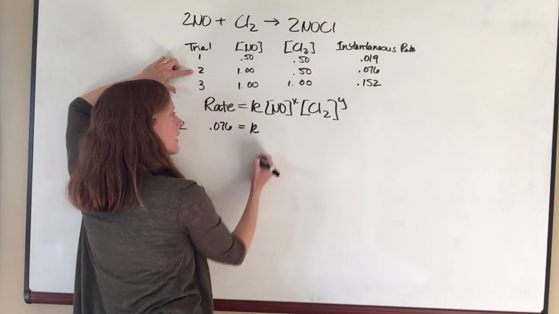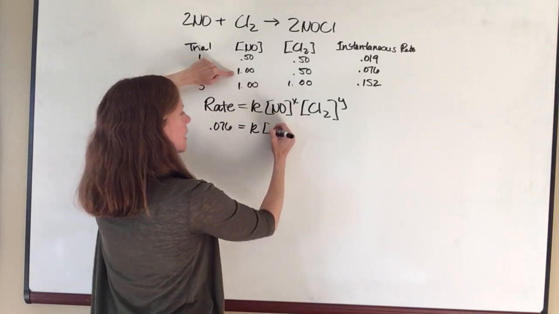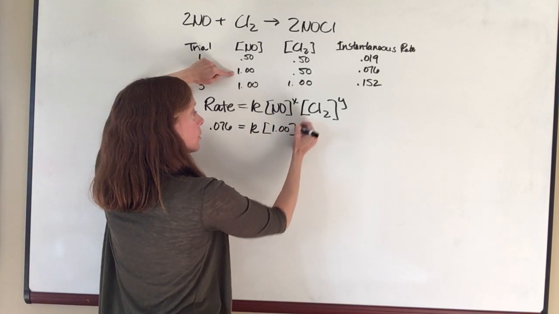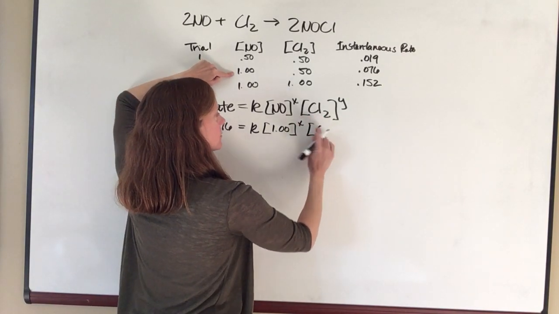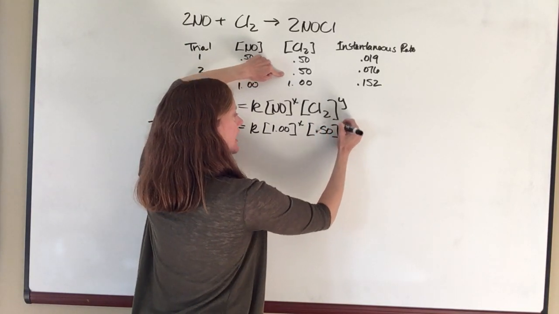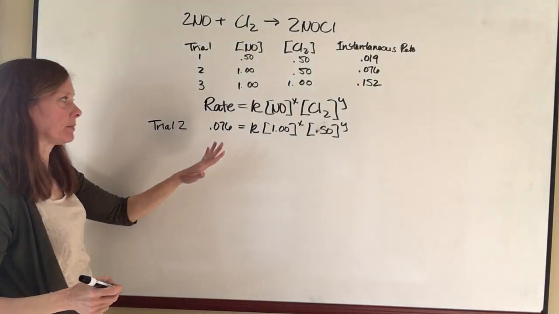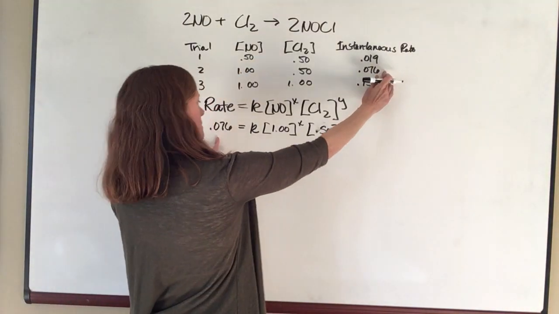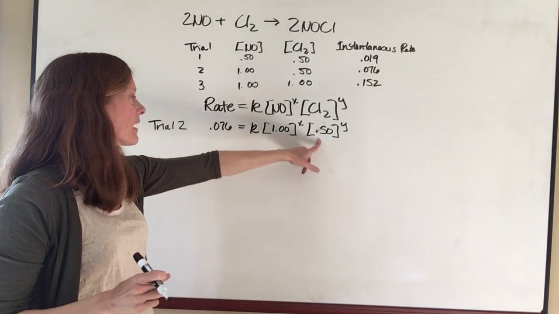I don't know what the rate constant is. The concentration of the NO is 1.00 raised to some power, and the Cl2 is 0.50, and it is also raised to some power. Okay, so hopefully you can see what I did there. This is the rate, and then these are the concentrations of my 2 reactants.